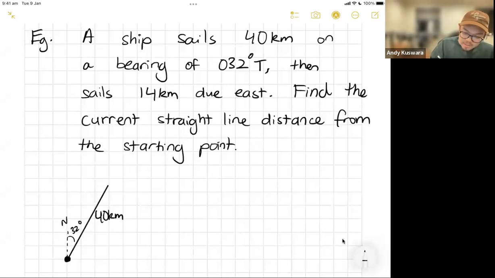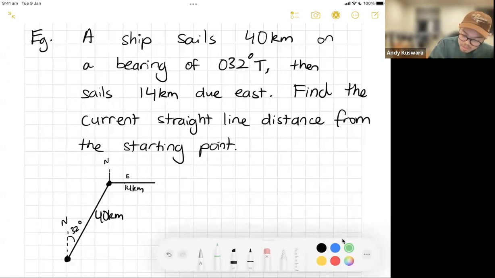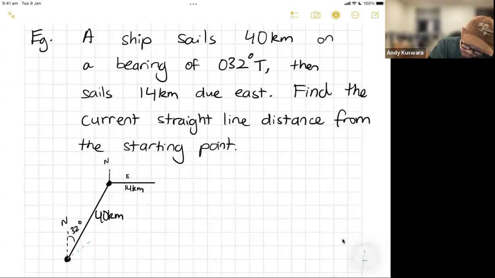Once he's hit that point, it says he sails 14 kilometers due east. Hopefully we remember that if that's north up there, east is that way. So I'm going to go 14 kilometers this way and label that. Now we're trying to find the current straight line distance from the starting point. In other words, I'm trying to find that length there.